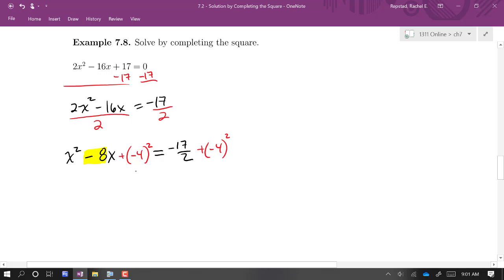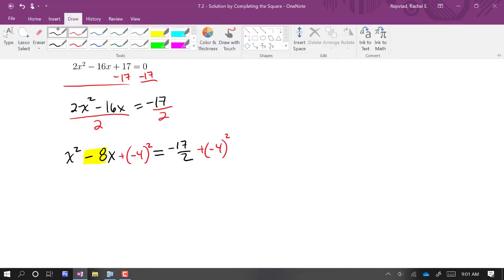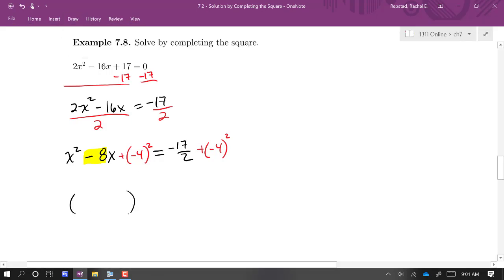The reason we added the square of -4 is because it completes the square. This left side is a perfect square. It is the square of, our first term is x, our next term is -4. So x minus 4.